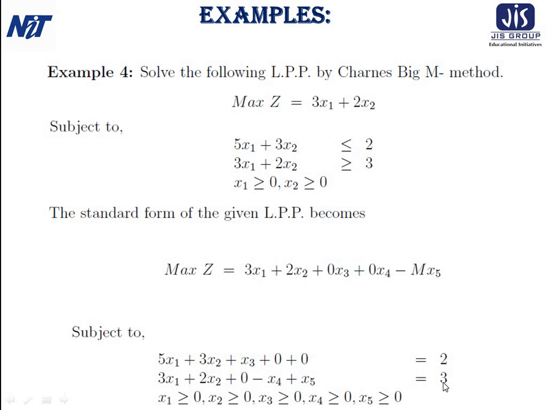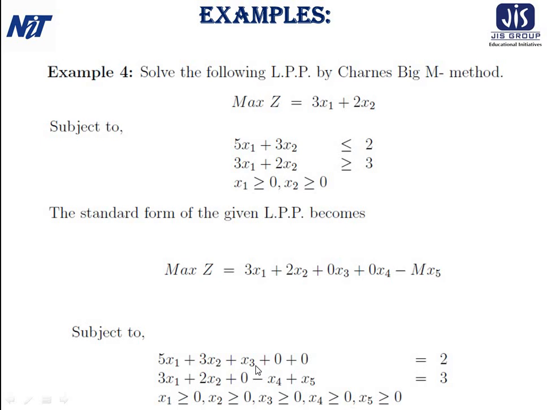Now we have to find the variables whose coefficients form the identity matrix in the constraints. Since two constraints are there, the order of the identity matrix will be 2, with columns 1, 0 and 0, 1. The coefficients of x1 in the two constraints are 5, 3, so it is not forming any column of the identity matrix. The coefficients of x2 are 3, 2, also not forming.